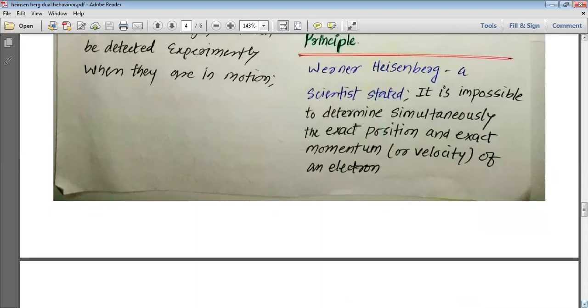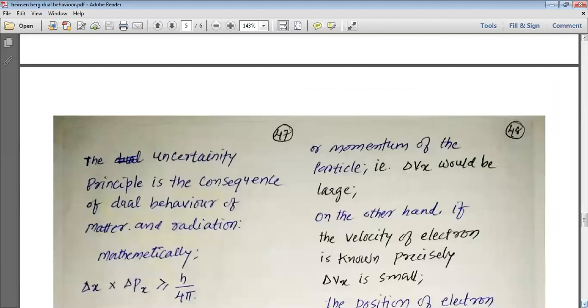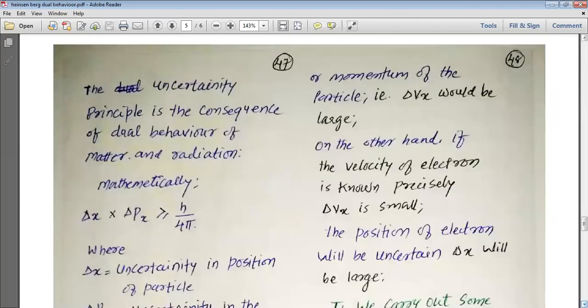So Heisenberg suggested that for an electron we cannot simultaneously determine the exact position as well as the exact velocity or exact momentum. The uncertainty principle is a consequence of the dual behavior of matter and radiation.